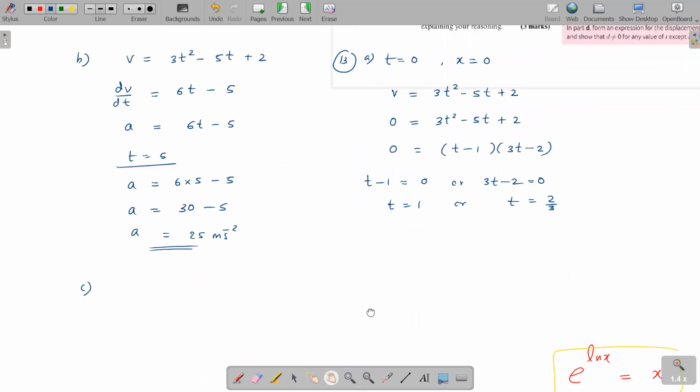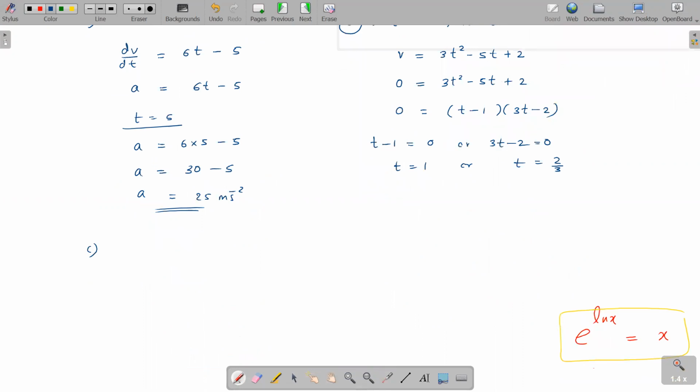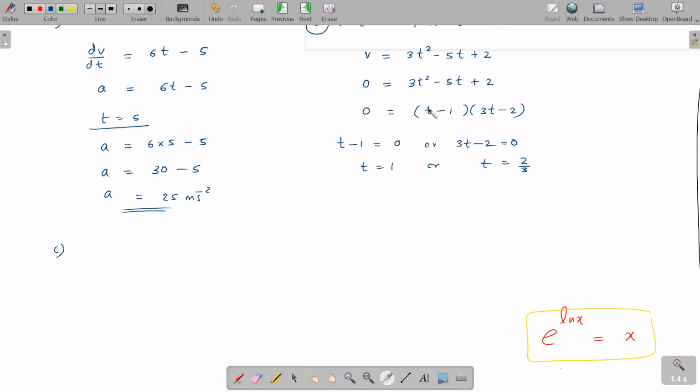So let's draw a quick sketch of this velocity time graph, because I already know the places where it cuts the x-axis. Velocity becomes 0 at time 1 and time 2 over 3. 3t² minus 5t plus 2 is a quadratic function. A positive 3t² means it's a quadratic minimum, so you expect to see a graph like this.